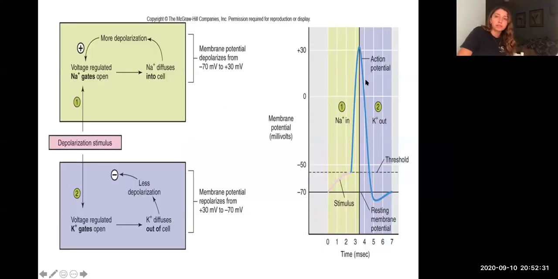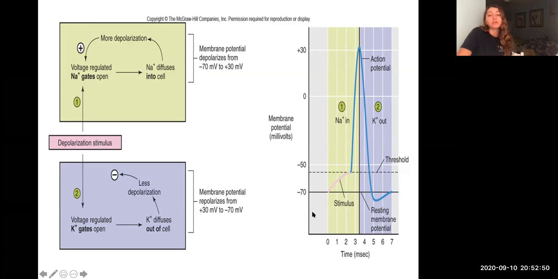In this slide, my Zoom is kind of blocking it. Basically, it's explaining how this works. The stimulus is right here.